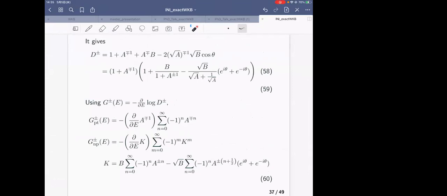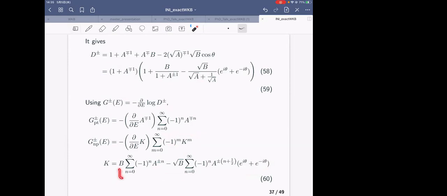Explicitly, the D shows this form. And the physical meaning of this D and the Gutzwiller formula is almost obvious. The perturbative part here is the same as the harmonic oscillator case, and the non-perturbative part is this one. K is given by this one.